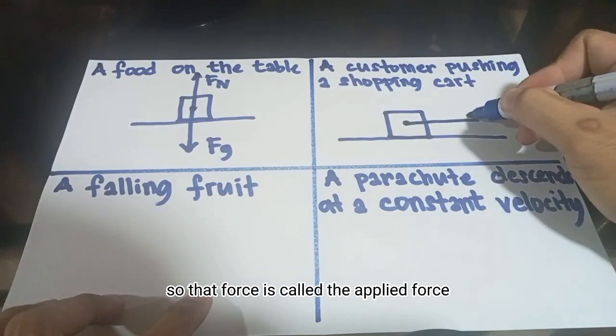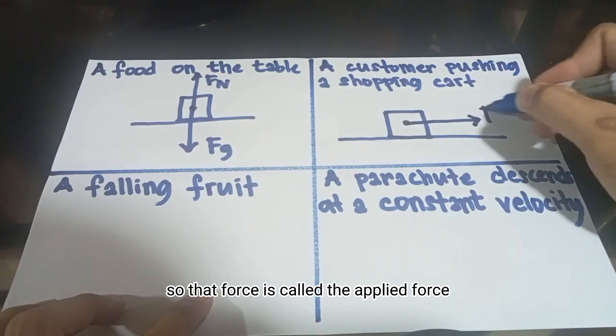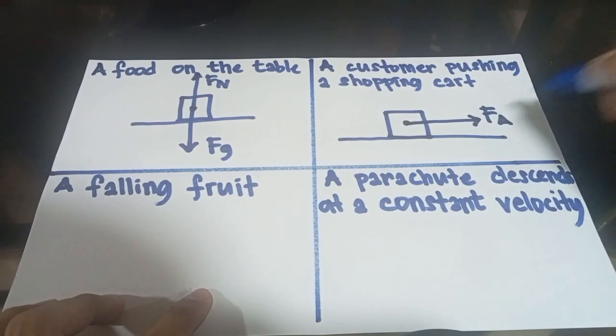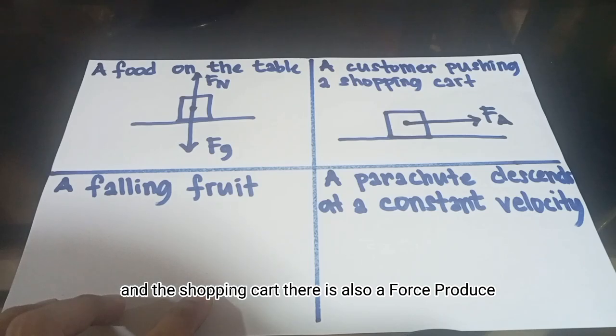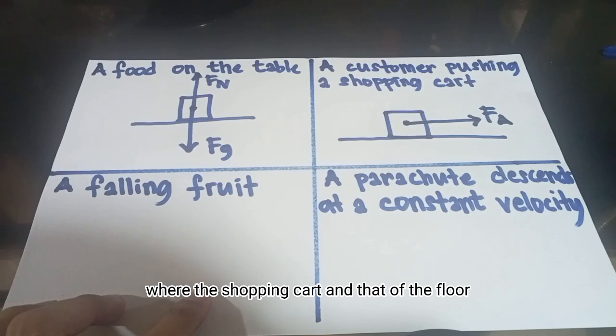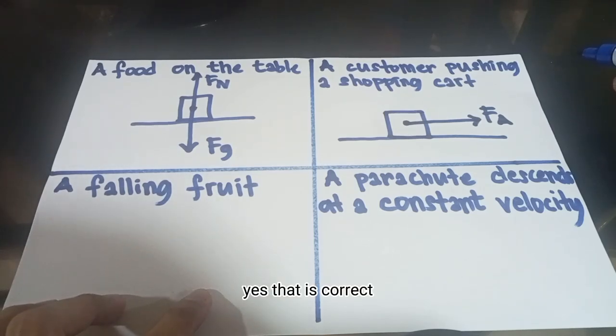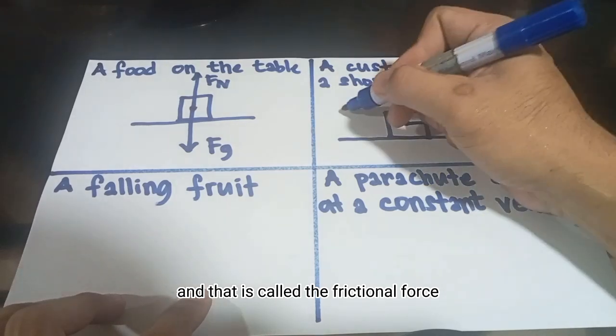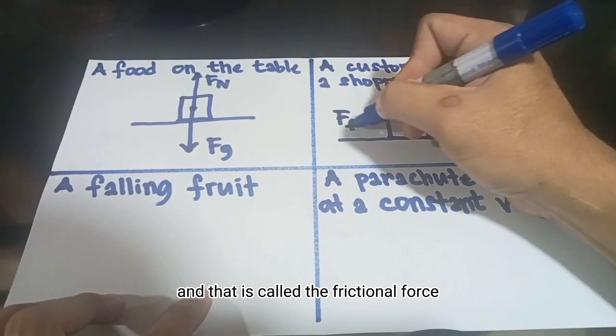That force is called the applied force. And on the shopping cart, there is also a force produced by the cart and the floor. Yes, that is correct. And that is called the frictional force.